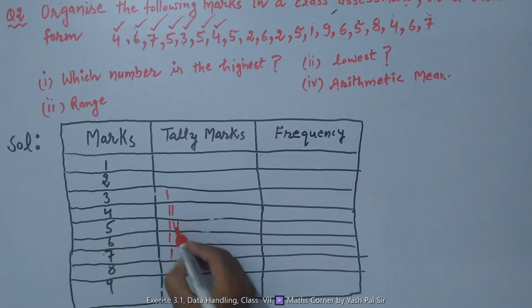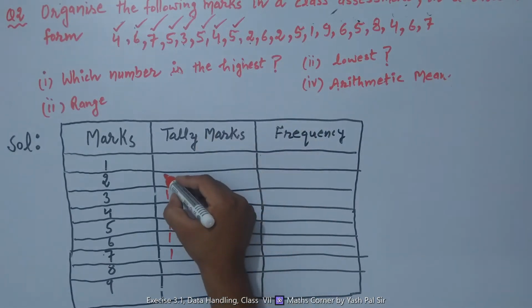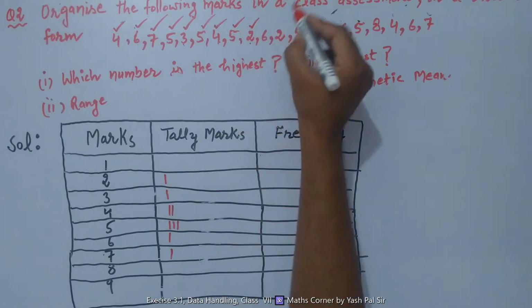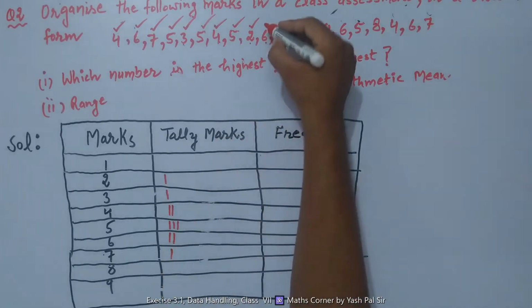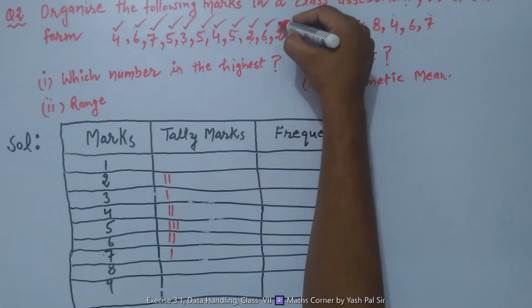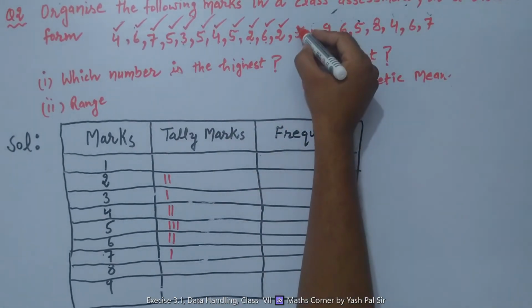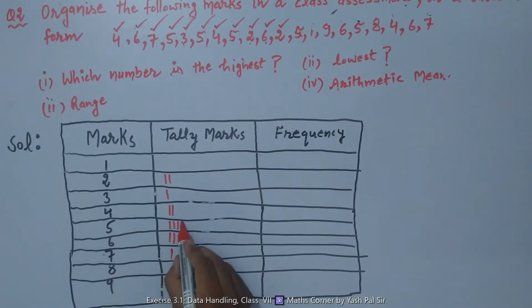After this 1, 5 more. Next is 2, here this is 2. Now comes 6. 6 is here, okay. Next again 2, so after this 2 we put 1 mark. Next we have 5, this is the 5, so okay.